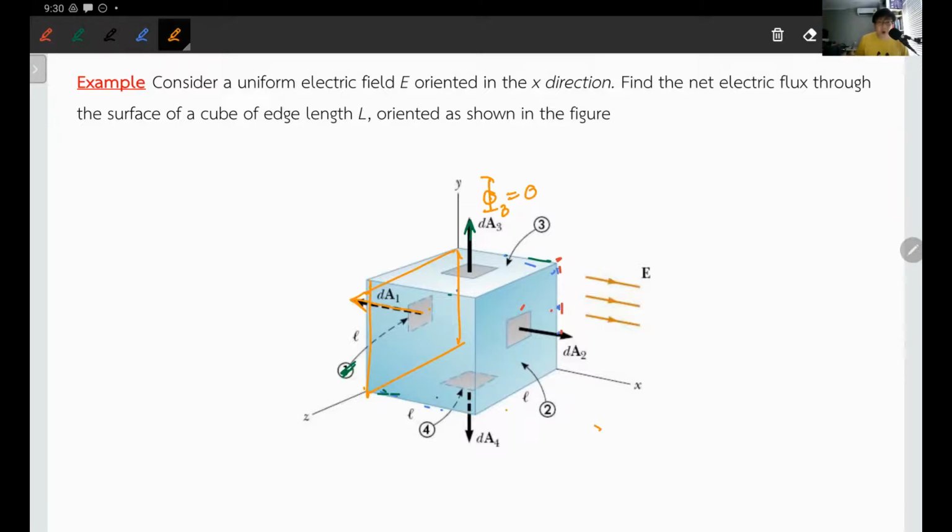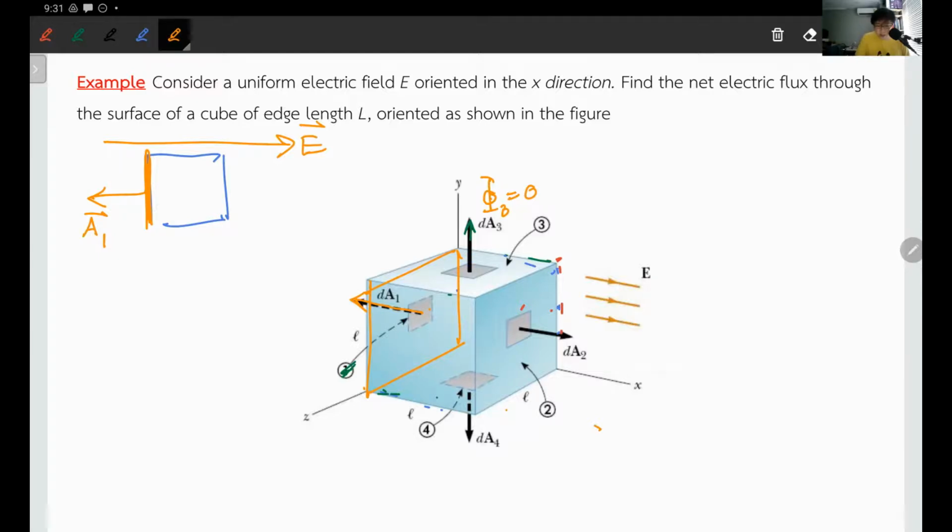So the dA of surface number 1 makes a 180-degree angle with the E. You guys with me? Let me draw on the side over here. What we are looking at right here is the left surface. The area vector is pointing to the left, and the electric field vector is pointing to your right. This is a side view on the upper left figure.